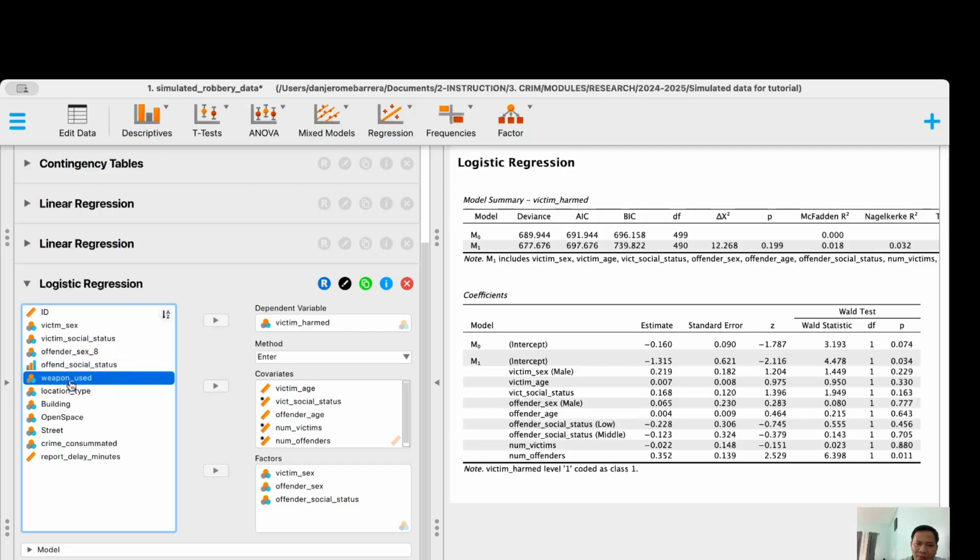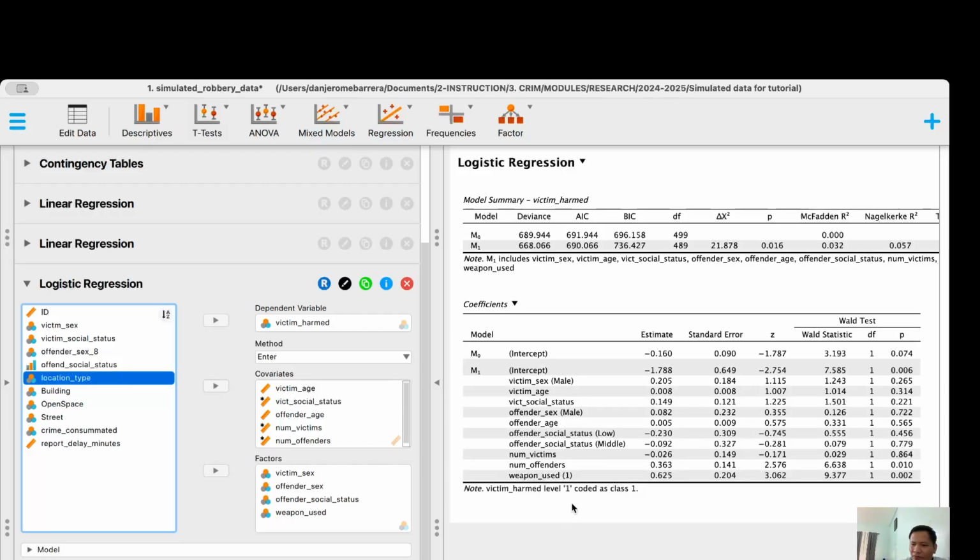Now let's go to weapon use. Let's add it to factors, whether the offender used a weapon or not. Let's go to the p-value. The p-value is below 0.05, which means that there is significant association between weapon use and victim harm. What does this mean?